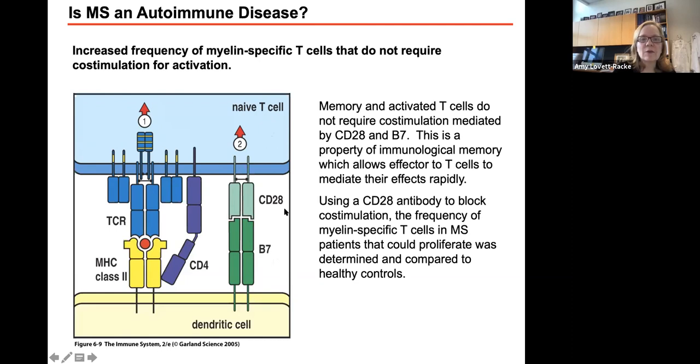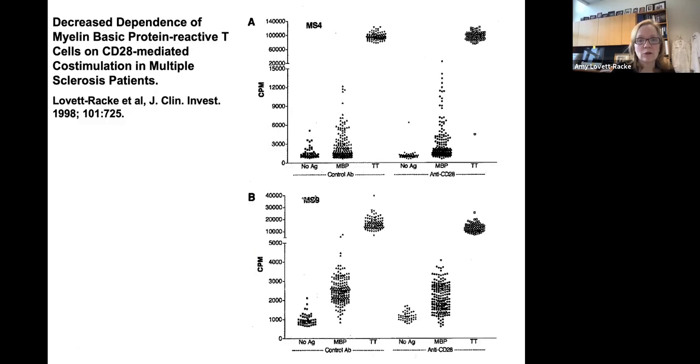At the time, it really wasn't fully known, but we suspected in our lab from some other studies we had done that this signal was not needed for effector or memory T cells. So we looked at what would happen if we blocked this and stimulated T cells to myelin, whether we would see a difference between healthy individuals and MS patients.